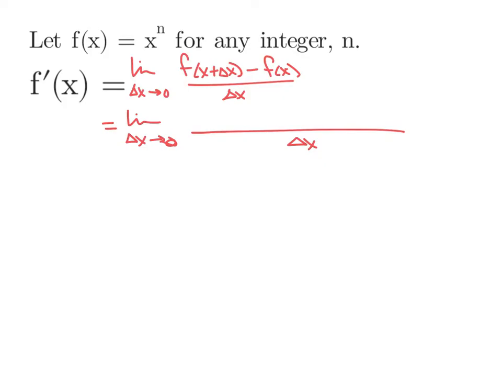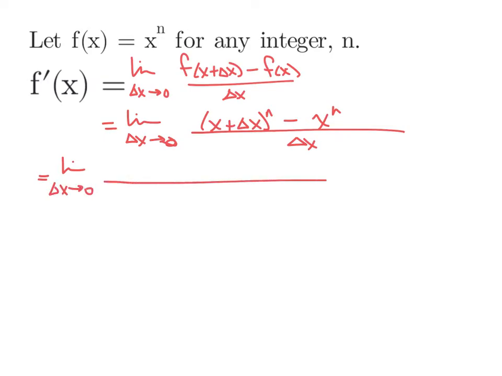But f of x plus delta x is going to be x plus delta x to the nth power. And we subtract off f of x, which is x to the nth power. Now we have to do the expansion. And that gets a little bit lengthy if you remember the binomial theorem.